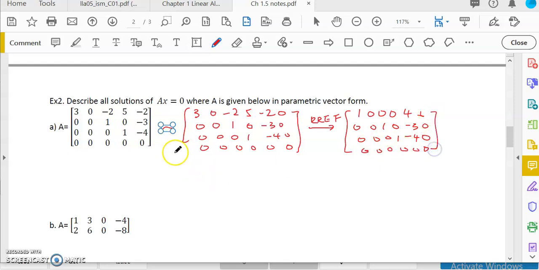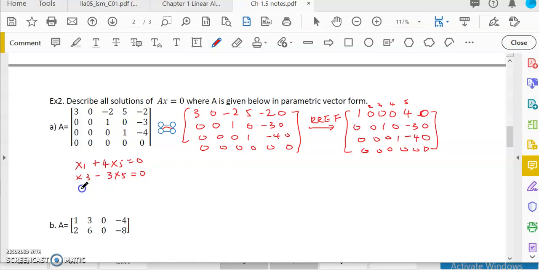Okay, so how do I write it? So I would say x1, x2, x3, x4, x5, I have 5. So plus 4x5 equal to 0. Then x3 minus 3x5 equal to 0.